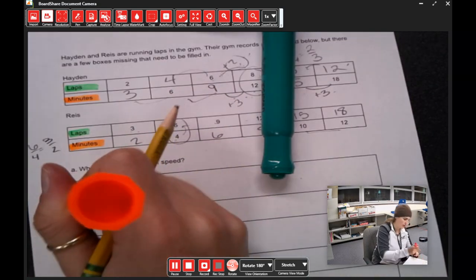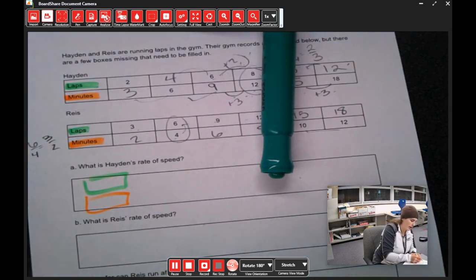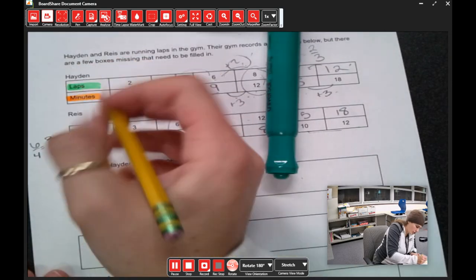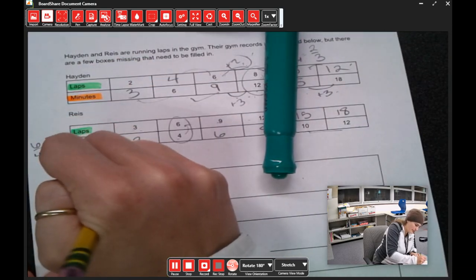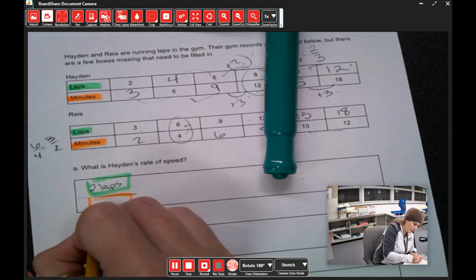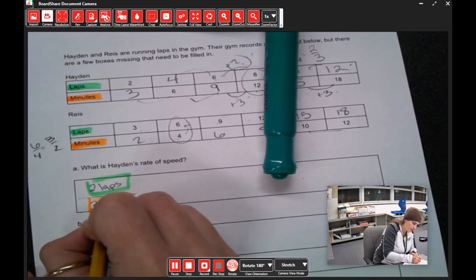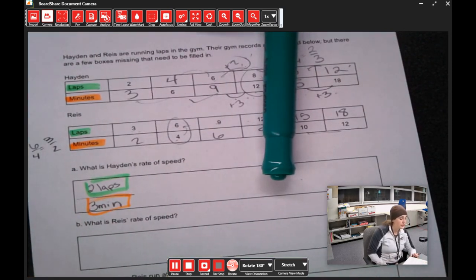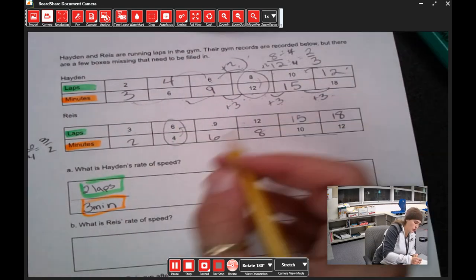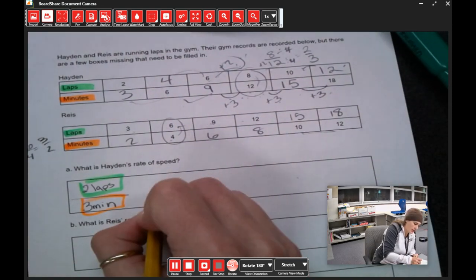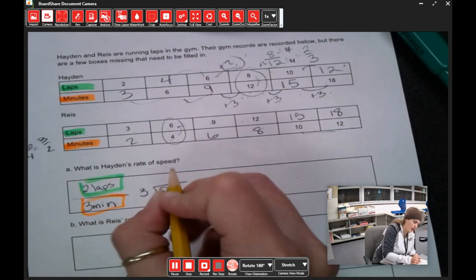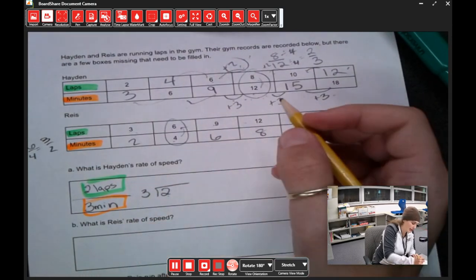All right. I know that Hayden can do 2 laps in 3 minutes. So I need to divide to figure out how many laps per minute she can do. 2 divided by 3. 3 goes into 2. Well, it doesn't really, does it?